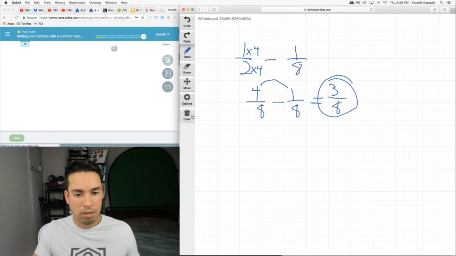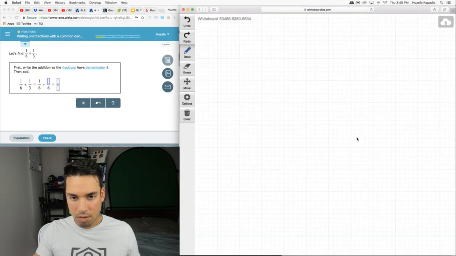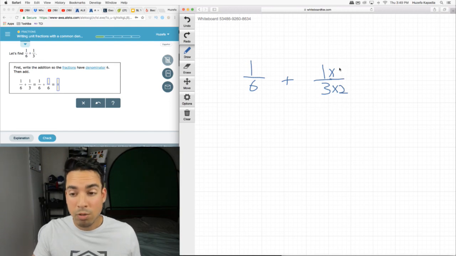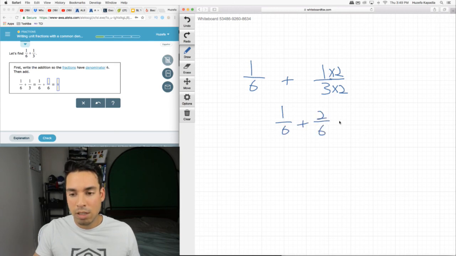Okay, next. All right, 1/6 plus 1/3. We cannot do this because they have different denominators. So what have they done? They've turned this 1/3 into something over 6. So how do we get the 3 to a 6? We must multiply it by 2. But to be balanced, we have to do the same to the top. And therefore, we have 1/6 plus, this becomes 2 over 6.